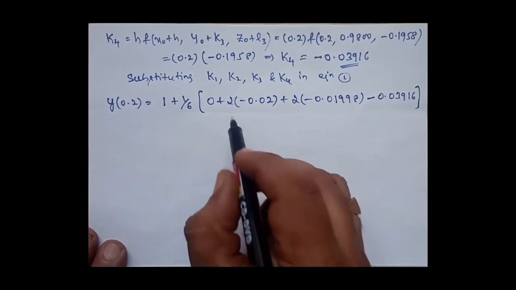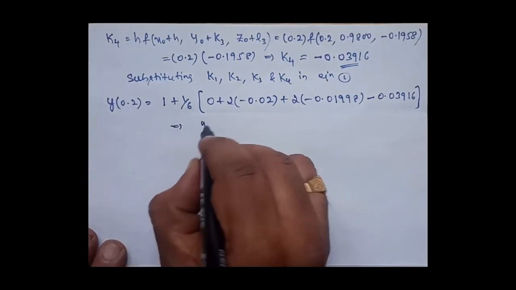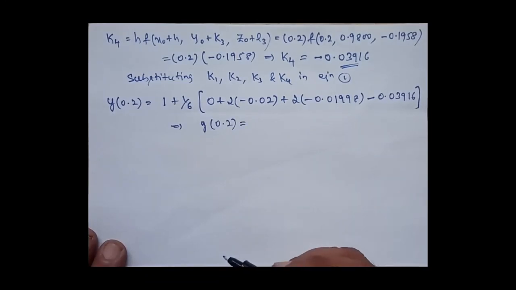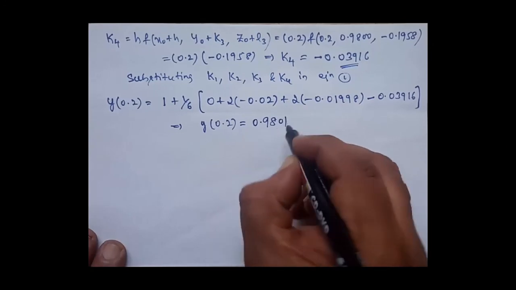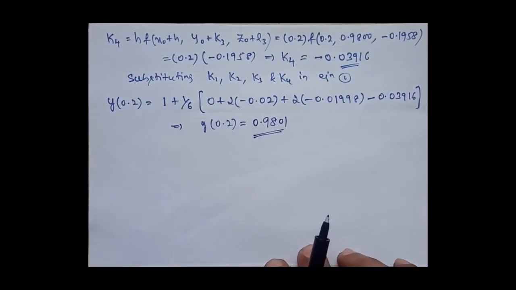So all values of K's are substituted. Simplify this, we get y of 0.2 equals 0.9801. This is the value of y at x equal to 0.2.